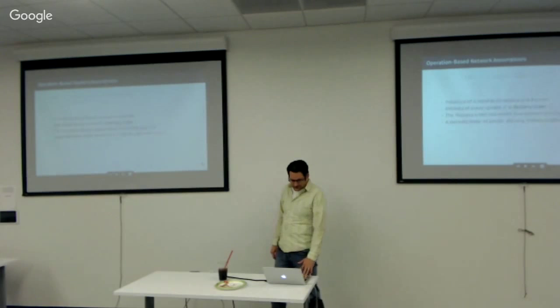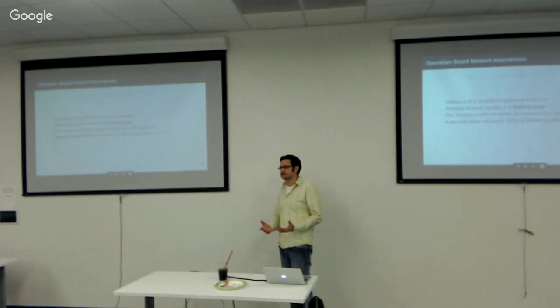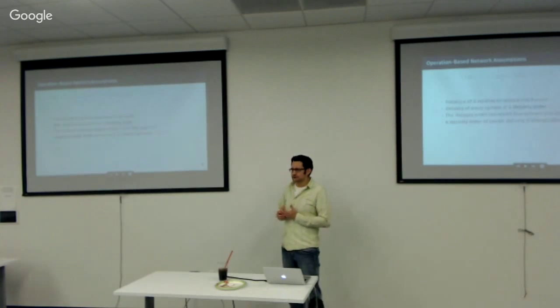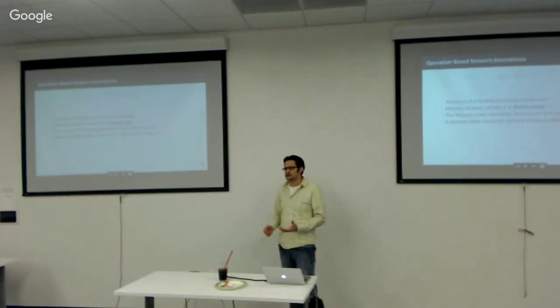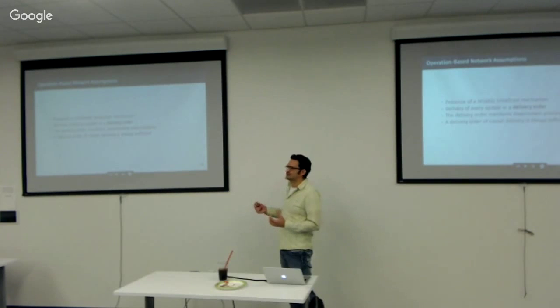Okay. So the network assumptions here, the big one is that you've got to have a reliable broadcast mechanism. And so there's a lot of research on various different ways to do reliable broadcast. You can do it with distributed hash tables, with the various kinds of overlay networks, and there's gossip-based protocols, and I think of the term epidemic-based protocols.